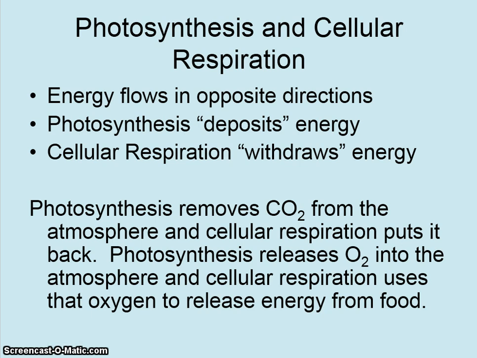It's energy being released when your body needs it or when a plant needs it. Photosynthesis removes carbon dioxide from the atmosphere, and cellular respiration puts it back. A waste product of photosynthesis is oxygen, and then cellular respiration uses that oxygen to release energy from the food. So it is one very large cycle.